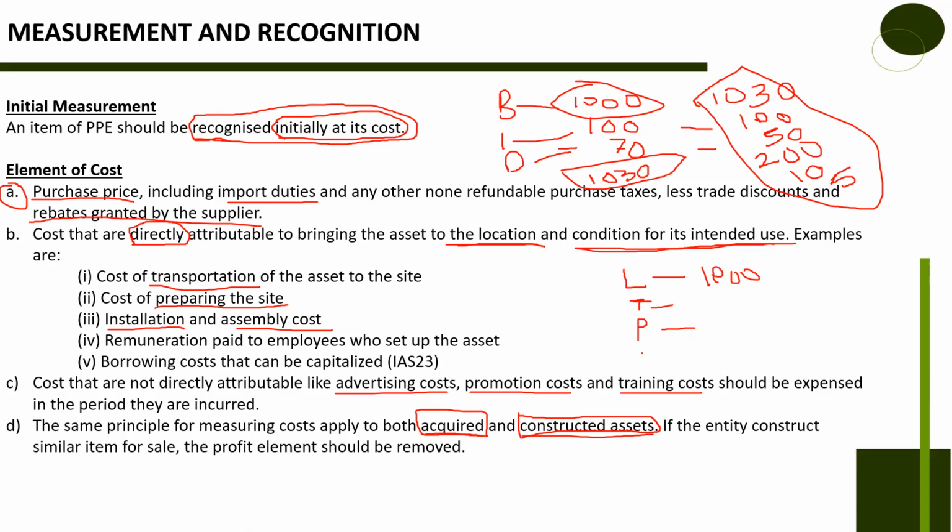All this money that you pay for their professional fees is part of cost, because if you don't do it, the building will not come to its intended use. Are you getting the point now? Or do you still want me to take it again? Anything you pay for, the same way we apply this concept here, it applies to assets that you acquire and to assets that you construct.